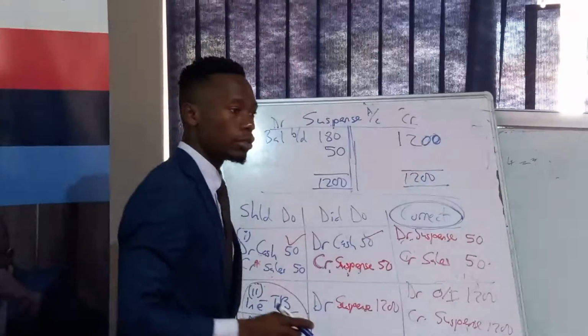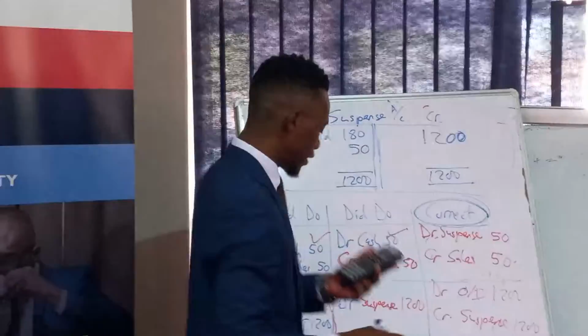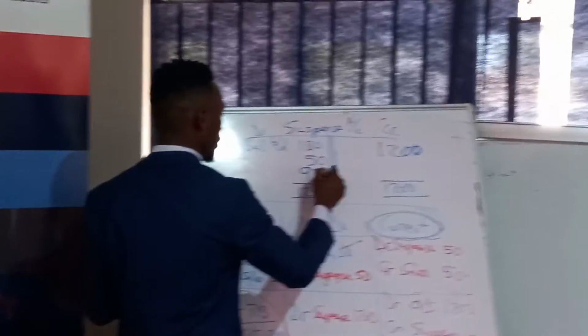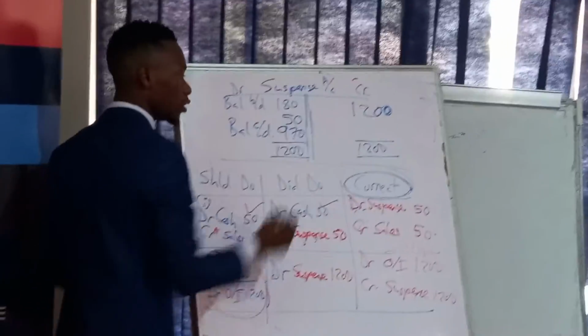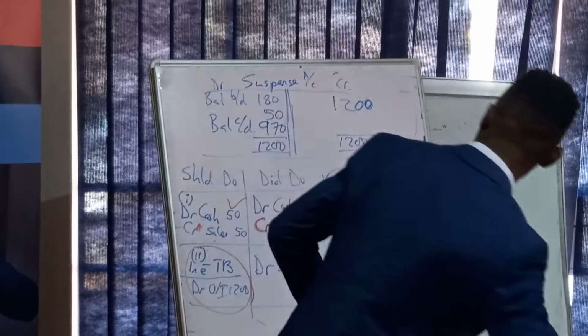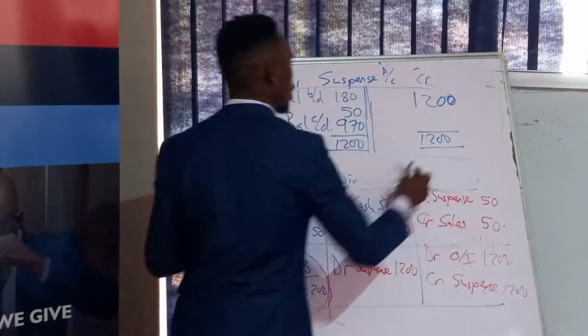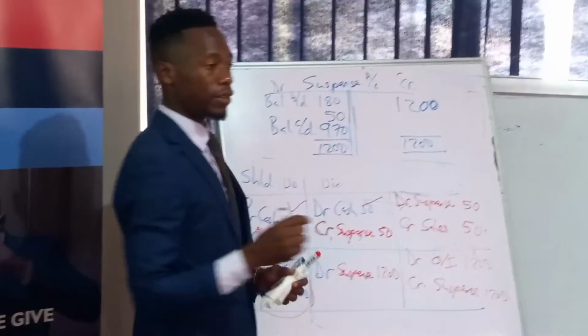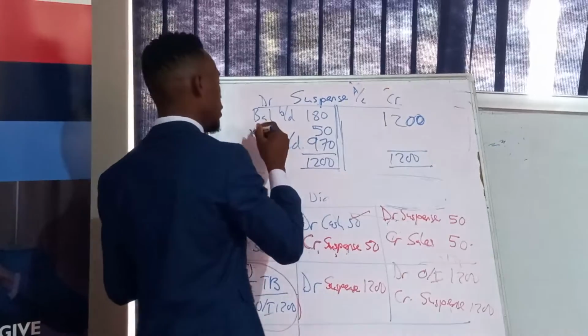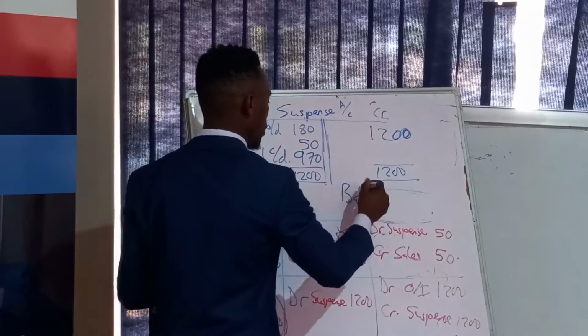We are getting what? 970, right? Yes, I'm getting 970. The balance CD here, right? Then when you get the balance CD, remember what I said? Every account, guys, when you are doing financial accounting, every account must end with the BD, right? If the CD is here, the BD will be here.